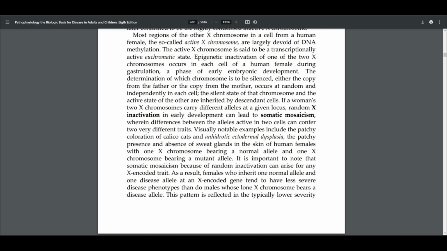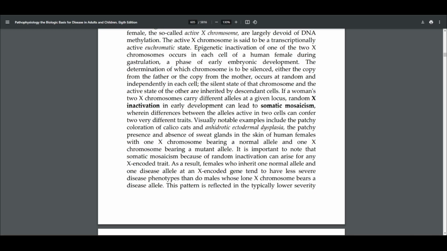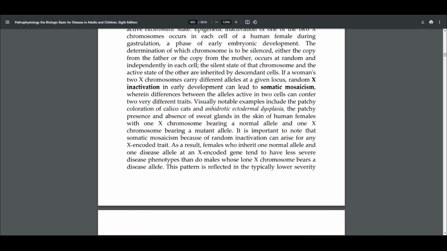Visually notable examples include the patchy coloration of calico cats and anhidrotic ectodermal dysplasia, the patchy presence and absence of sweat glands in the human skin in females with one X chromosome bearing a normal allele and one X chromosome bearing a mutant allele.